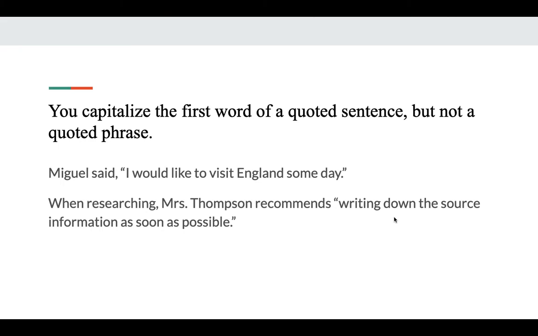So if you weren't looking at the sentence, you wouldn't know that there's a quotation mark there. So that's why you don't need to capitalize it. Sometimes in dialogue, it'll be like, "I would like to visit England someday," Miguel said, "because blah, blah, blah." So if you separate the sentence into two parts, then you wouldn't capitalize the because.